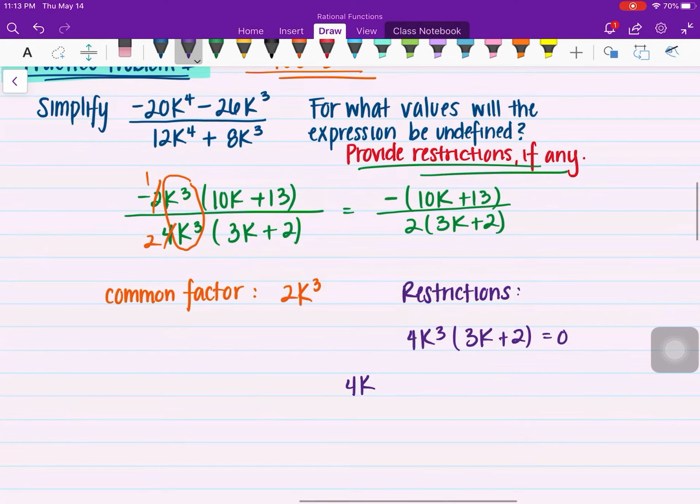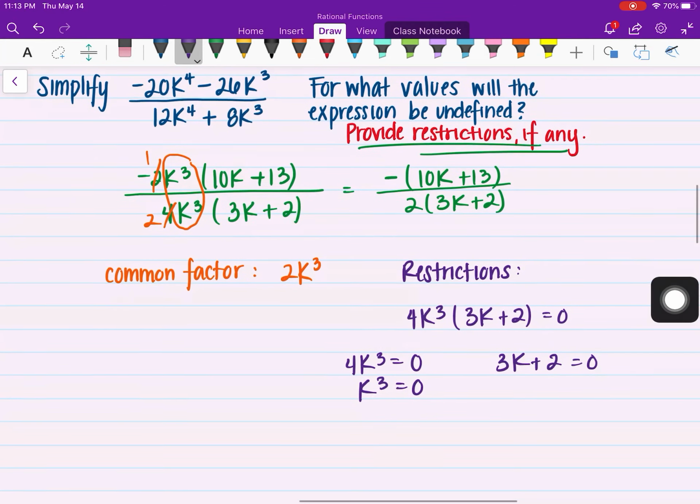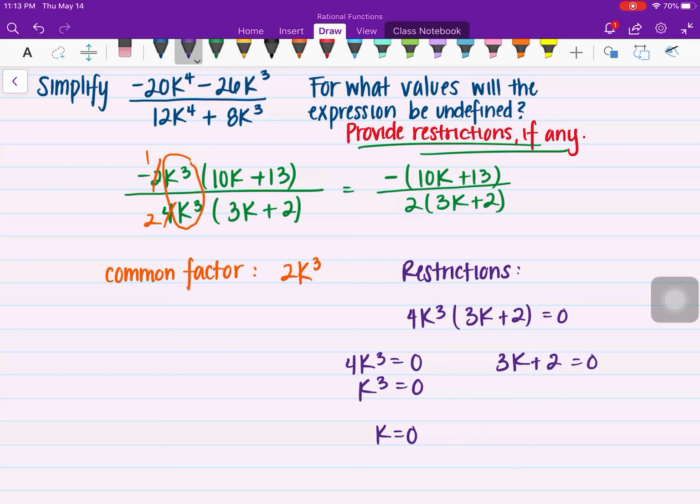So we're making both of the expressions equal to 0. We have k^3 equals 0, and the cube root of 0 is still 0, so k equals 0. And then we have k equals negative 2 over 3.